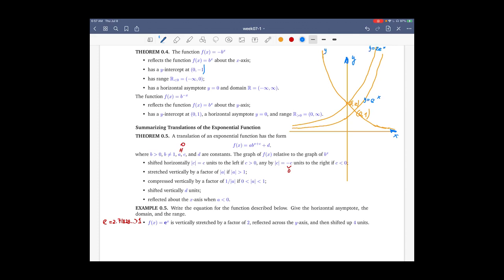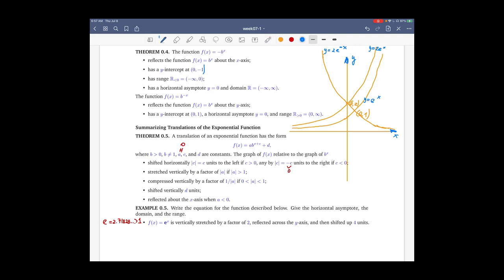So that function is y equals 2 times e to the power negative x. And finally, a shift upward by 4 units corresponds to adding the 4.